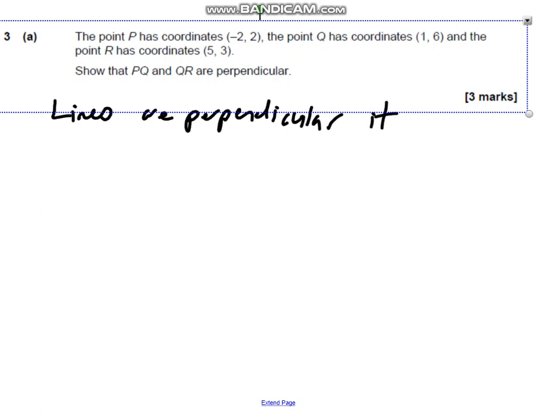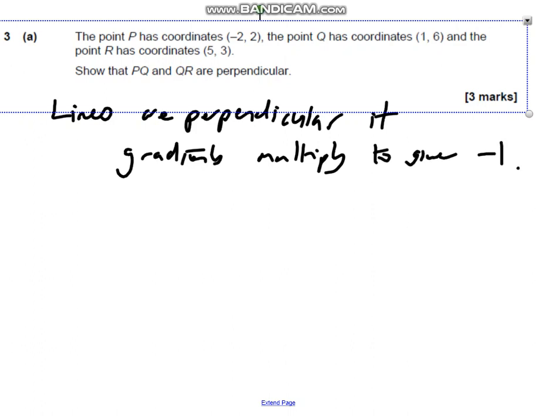If gradients multiply to give minus 1. Alright, get that in first. Don't mess around trying to do some maths and then forgetting to write the explanation at the end. Get it in at the start.